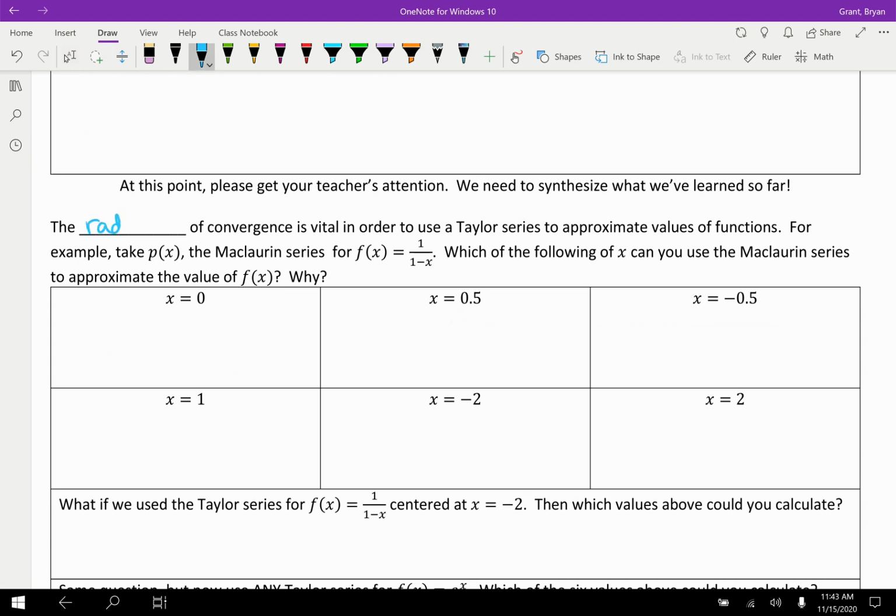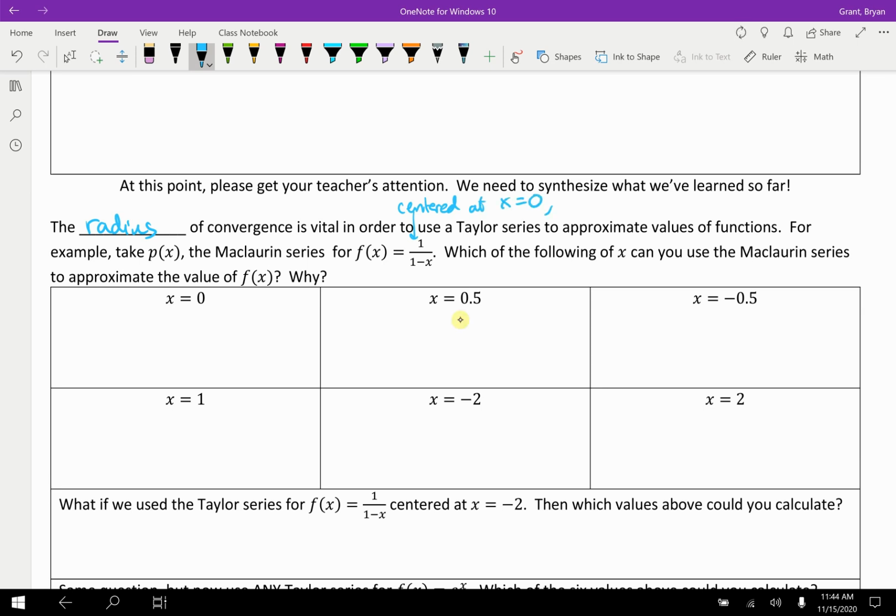The radius of convergence is vital in order to use a Taylor series, because we are not allowed to use a Taylor series to approximate a function if we are outside the useful radius of convergence. For example, if we had the Maclaurin series for 1 over 1 minus x, and as a reminder, that is going to be centered at x equals 0, right?